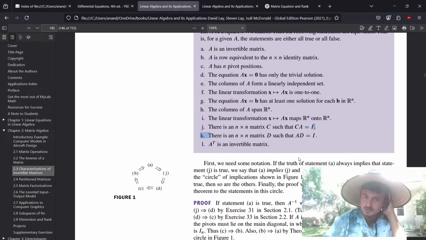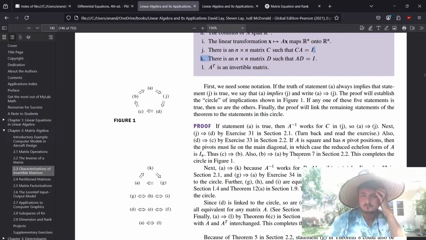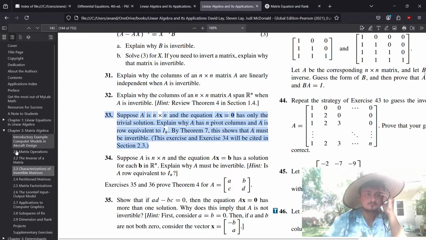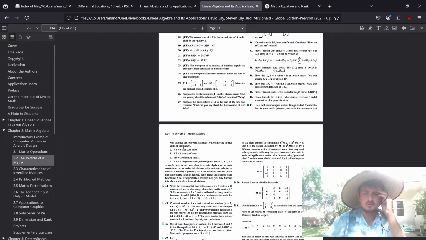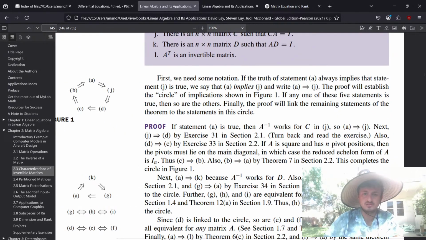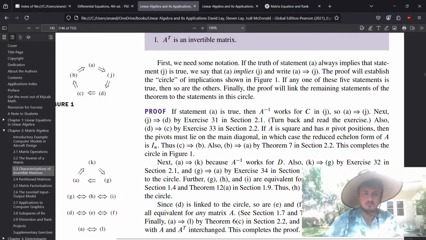K implies G. Which problem was it? 20. K implies G by 32.